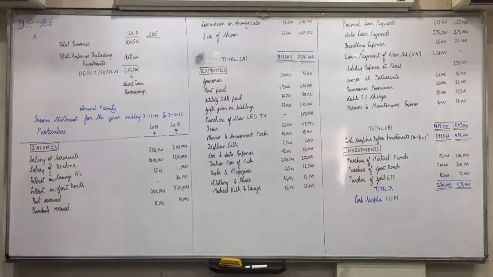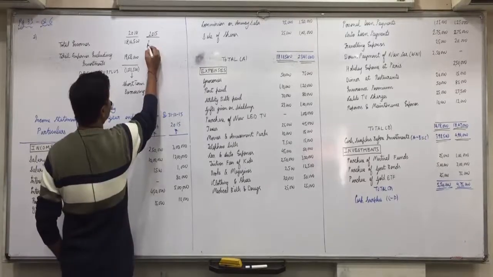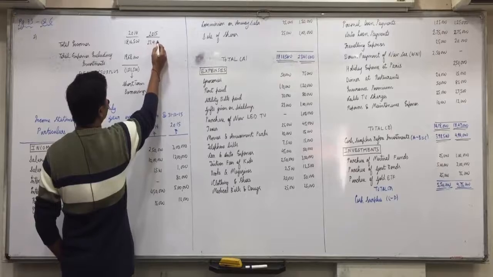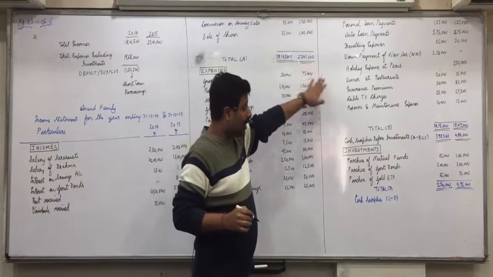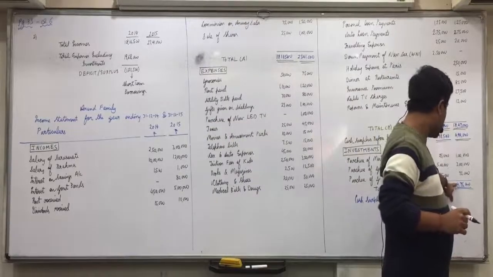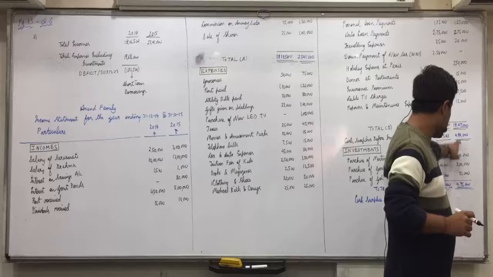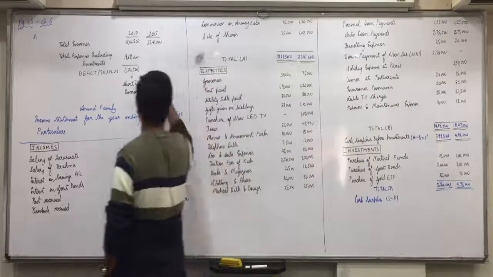Same way for 2015. If we have surplus, we'll repay the loan, and again if there is a deficit, there will be short-term borrowings. For 2015, what is the total income? 23,41,000. And what are the total expenses including investments? 18 plus 4, 22 lakh 17, 23 lakh 10, 22,000.